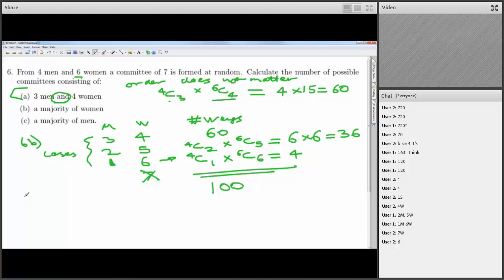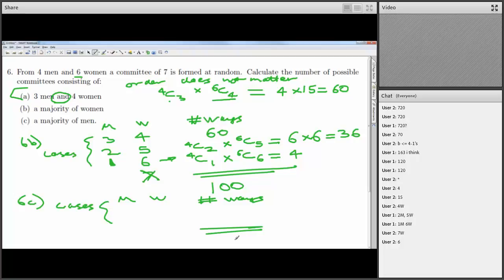Now, 6C is very much the same idea, and that is I would like to list all the cases again, but this time not for a majority of women, but with a majority of men in it. So I'm going to think of all the different options, think of how many ways that would be for each option, and then sum them all up, like I did a second ago.